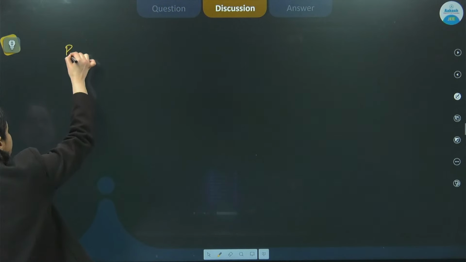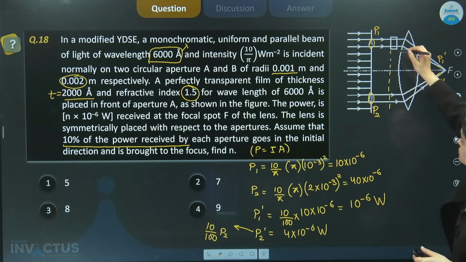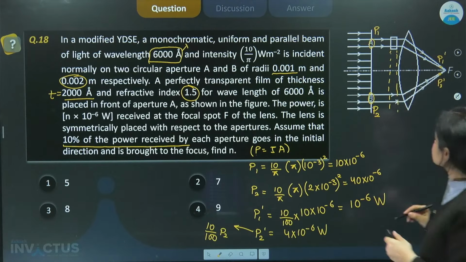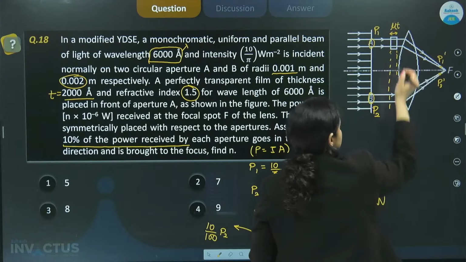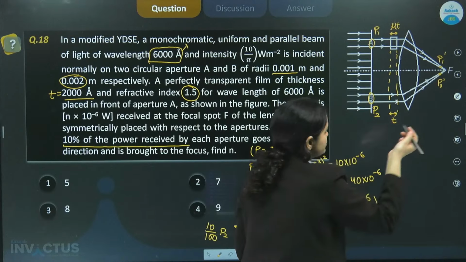Okay, see, if you talk about this region, basically the glass slab that we have put here, यहाँ पे there will be an optical density. ये ज़्यादा length travel करेगा at this position in comparison to the rays which are traveling through point B. ठीक है, इसके अलावा like this distance effectively in air will be mu t and this distance in air was already t के बराबर.